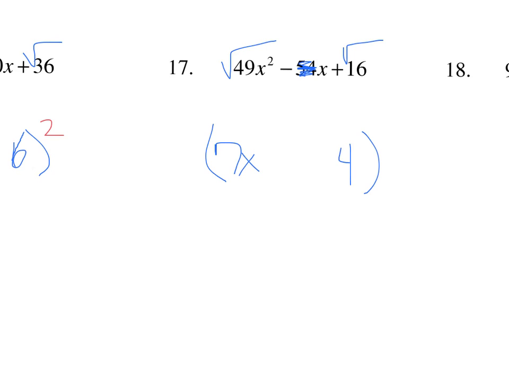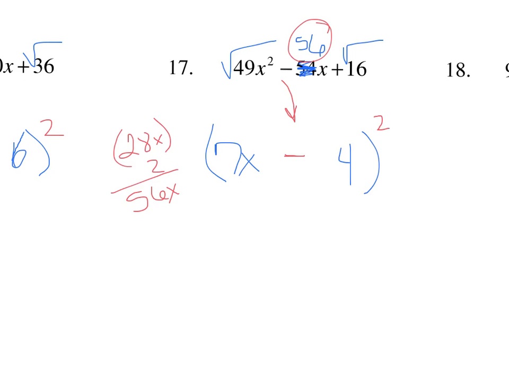My book has a 54, but yours has a 56, and that's going to make a difference here. So we took the square root of the first term. We took the square root of the end term. We're going to check now. 7x times 4 is 28x. 28x doubled, times 2, makes 56x, and we're good. So bring down the middle sign and put a square on it.